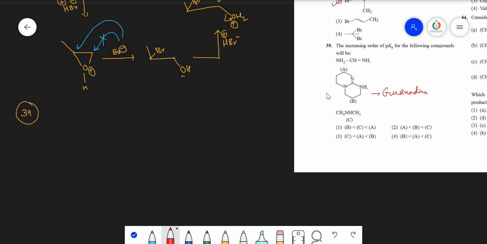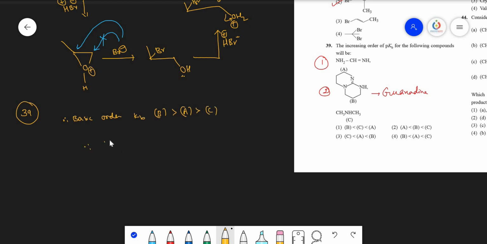Similarly, the conjugate acid of A is also resonance stabilized and has only 1 resonance structure, and C does not exhibit any resonance structures. That is the reason why the basic order, therefore, in Kb values is B greater than A greater than C.